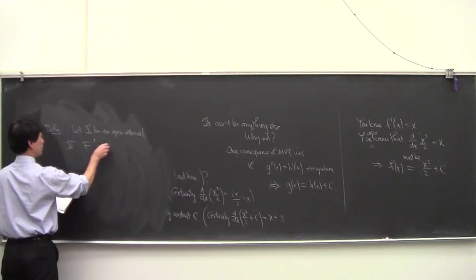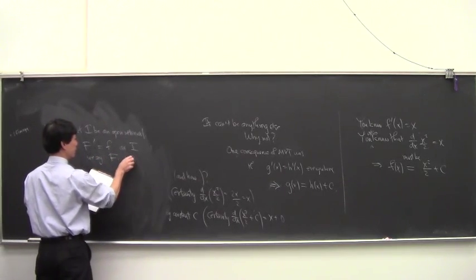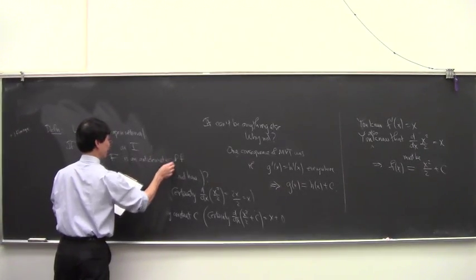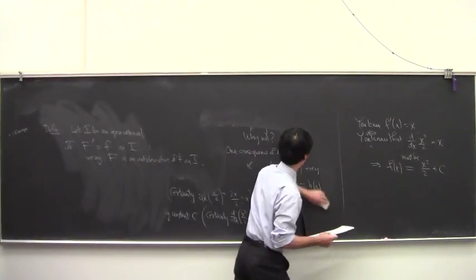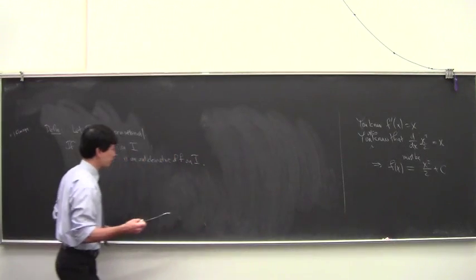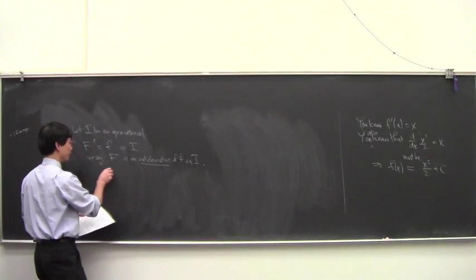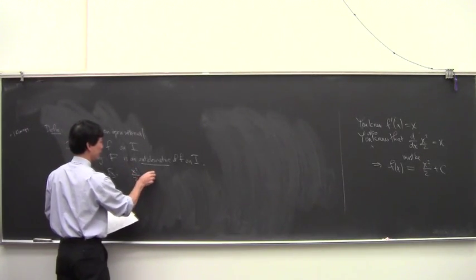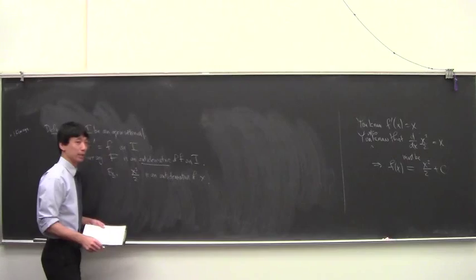If capital F prime equals little f on I, we say capital F is an antiderivative of little f on I. For example, what we just said, x squared over 2 is an antiderivative of x on the real line.